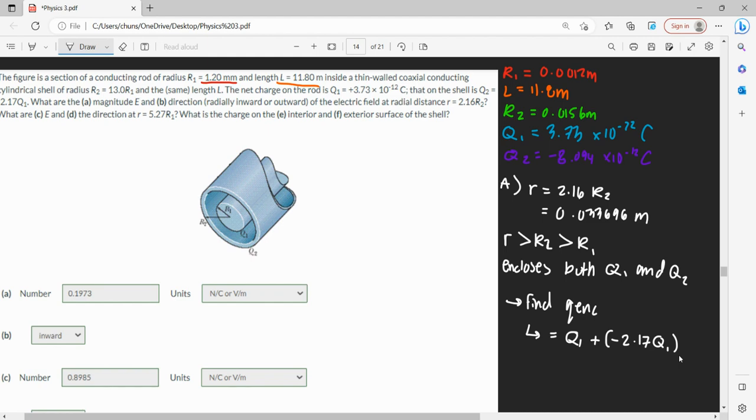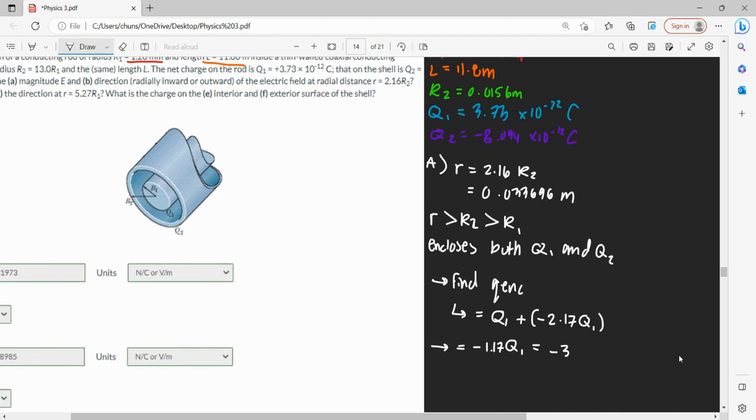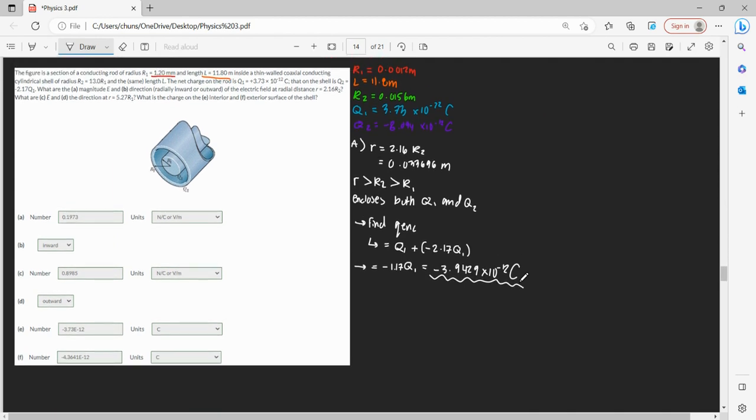So that means 1 minus 2.17 is negative 1.17 Q1, which is equal to negative 3.9429 times 10 to the negative 12 coulombs. So that's for A. That is our Q enclosed.